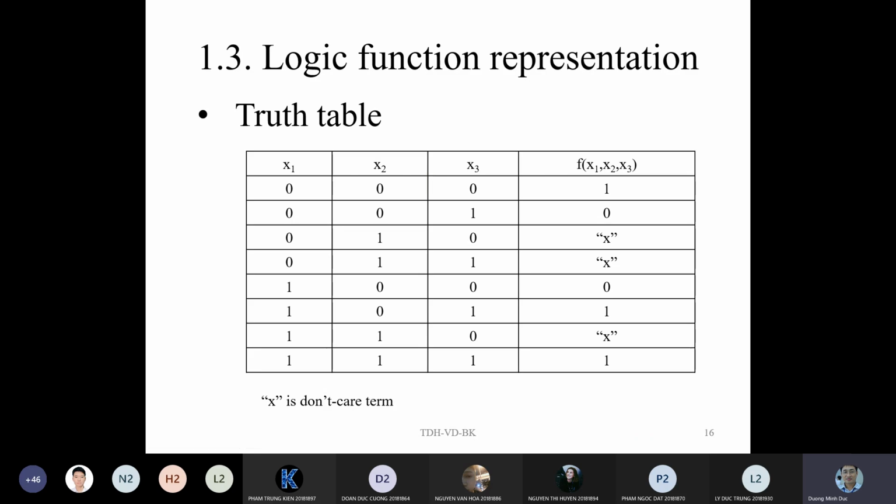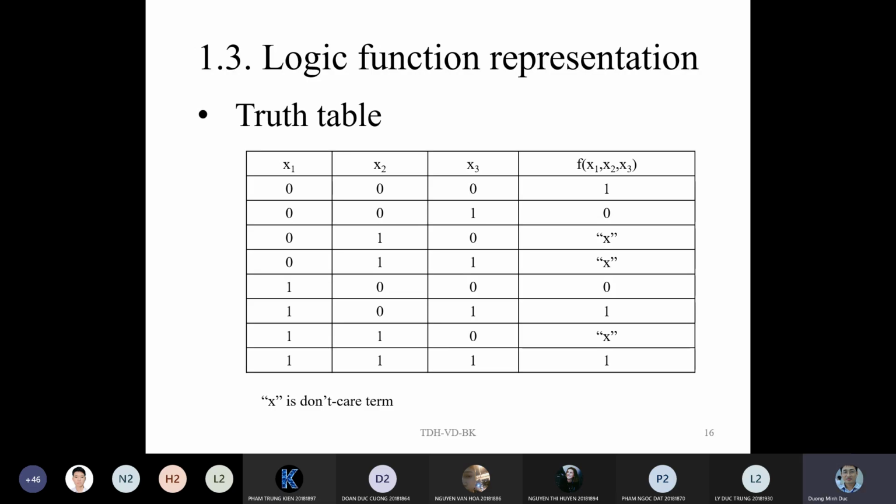The first way to represent the logical function is we list all of the combinations of the input and the corresponding result of the logical function. This is very common, especially when we get the problem from the real world.